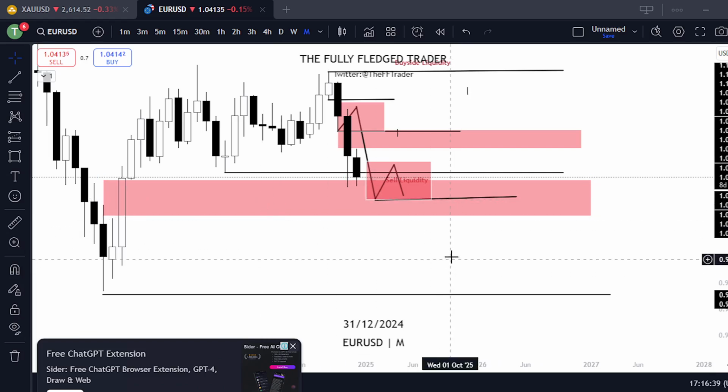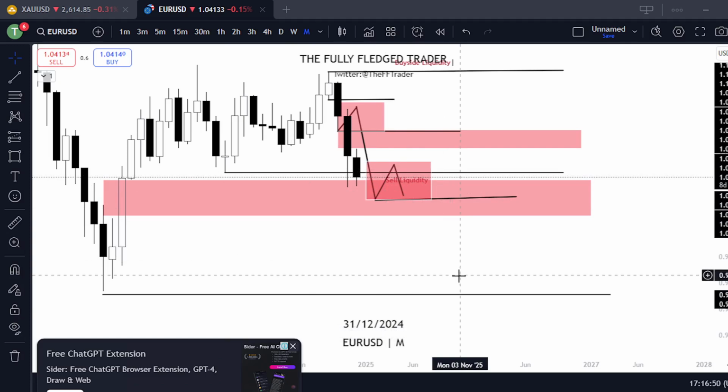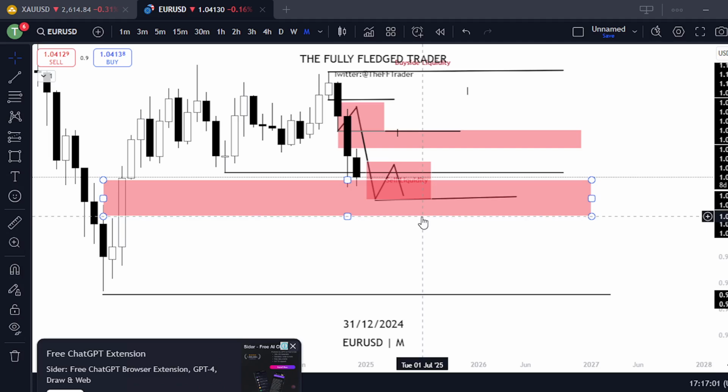About this level two here, I expect some sort of consolidation. I'd love to see price range a little bit before it continues to the downside. And this works well with the logic about these inefficiencies here, where it holds some sort of liquidity in that kind of consolidation here.